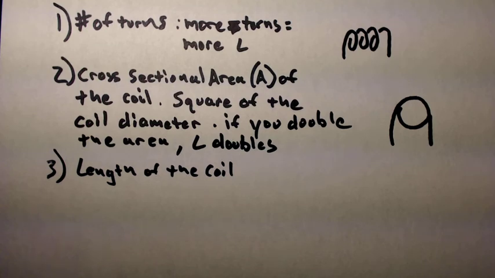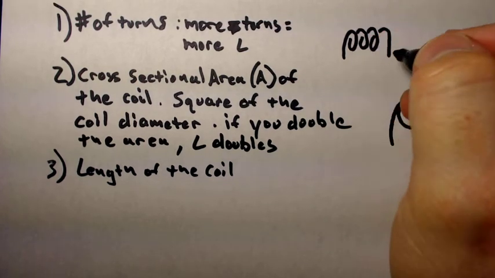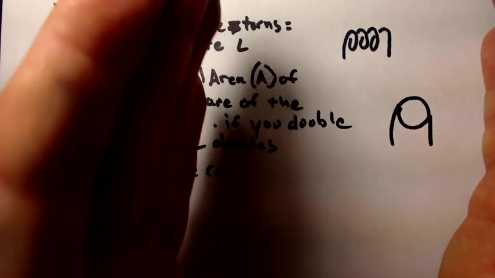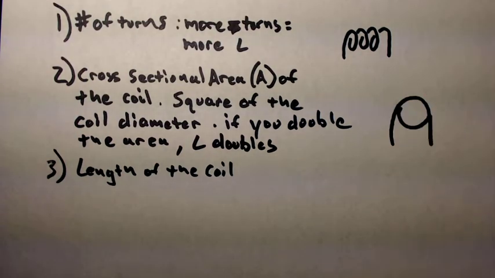And if I don't have them as tightly packed, I have less of an ability to concentrate the magnetic field lines. So the longer the coil is, without changing any other factor about it, I haven't added more turns, all I'm doing is taking it and stretching it out, I will get less inductance because I have less of an ability to concentrate those magnetic field lines.